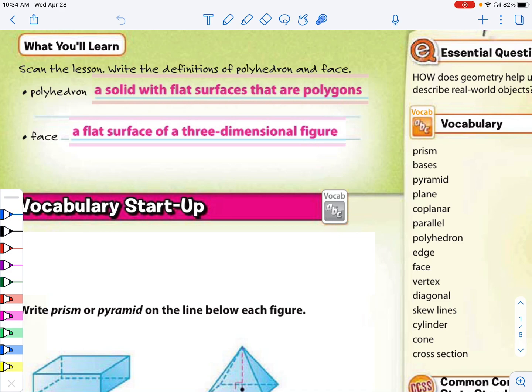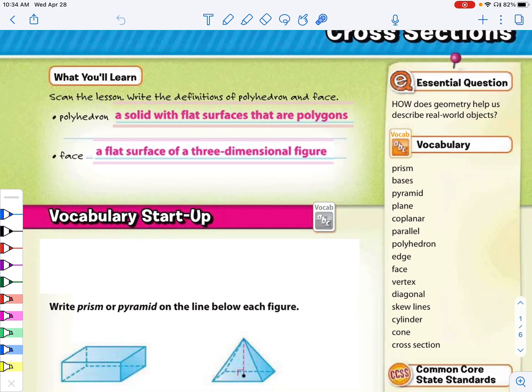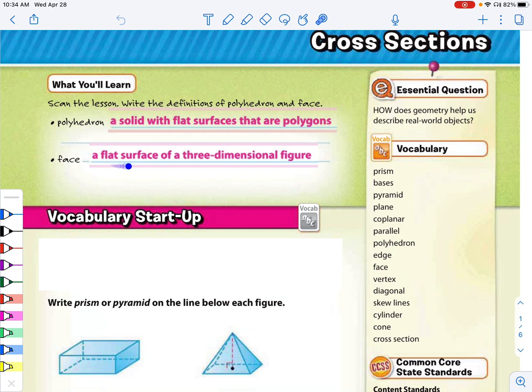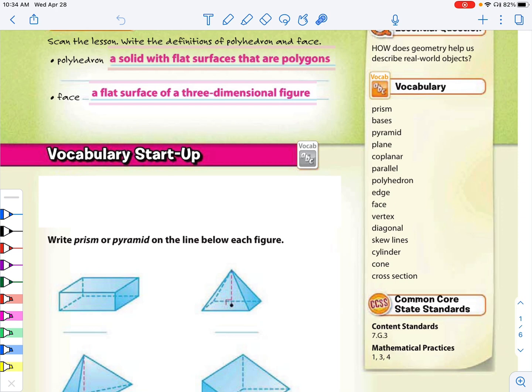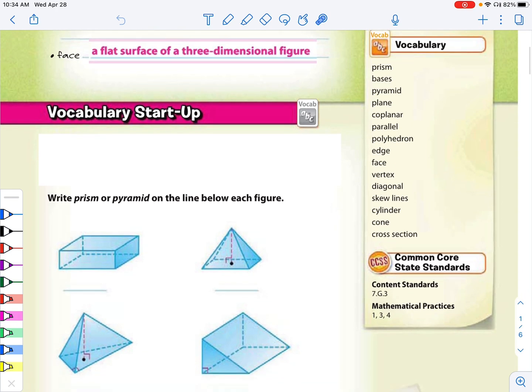We talked about three-dimensional figures in past lessons, and the flat surface of that is called a face. The newest term that we are going to be talking about is a solid with flat surfaces that are polygons, which is also called a polyhedron.